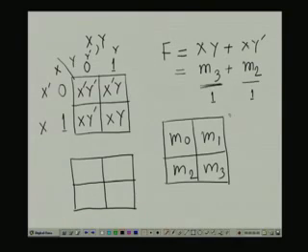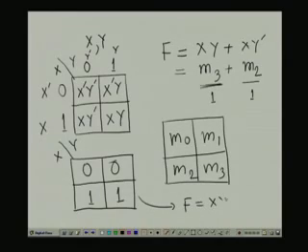So that means M3 and M2, the last two will be 1 1 and the remaining portions will be 0 0. So this is the representation of this function. This is the Karnaugh map representation of this function f equal to x y plus x y bar.